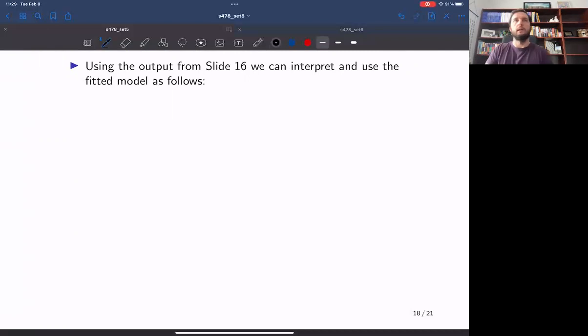All right, so let's consider, for example, one of the dosage levels in the experiment. Okay.